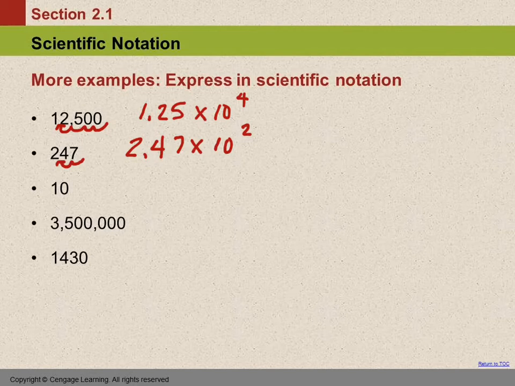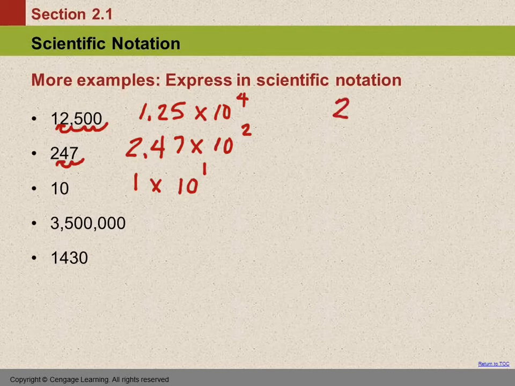How about 10? 1 times 10. Okay, but we have to have an exponent. 10 to the 1. So a number like 10, we wouldn't necessarily put in scientific notation, but we can. And just for fun, how about the number 2?